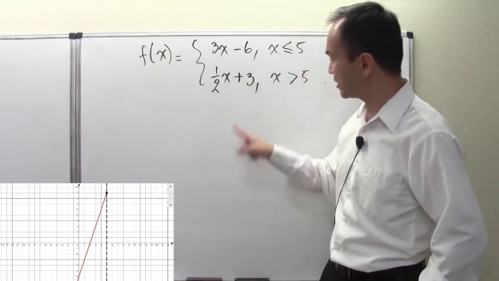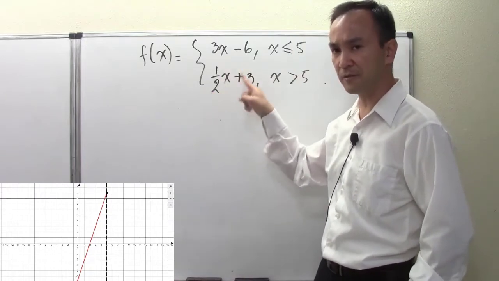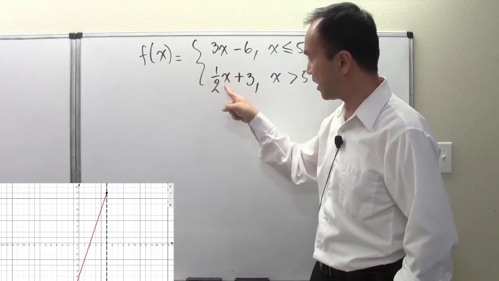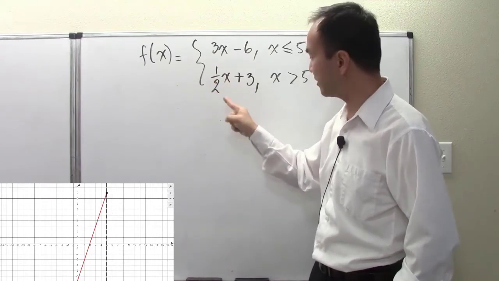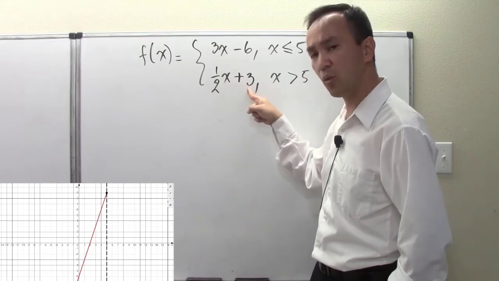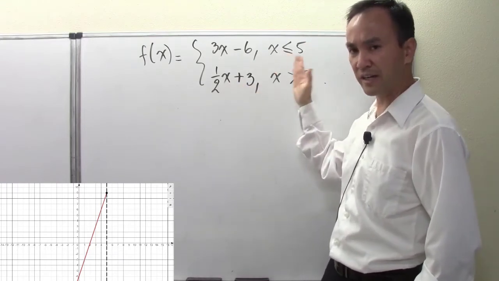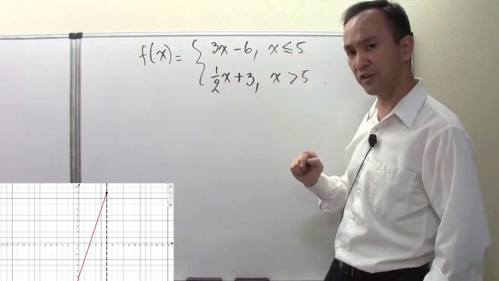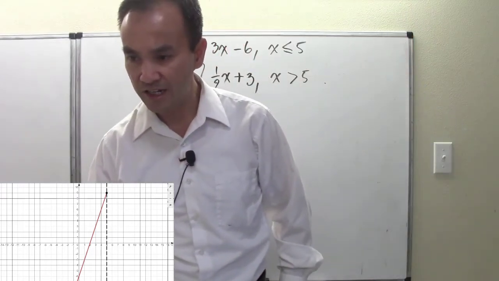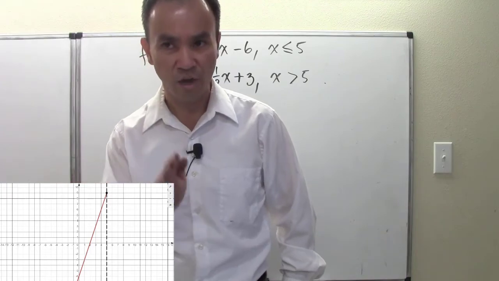All right, here we have learned from a prerequisite course that 1/2 x plus 3 is a linear function. This is the slope, and then there's the x, plus the y-intercept. I'm not right now worrying about the condition x is greater than 5. So let me throw in that line, that graph, 1/2 x plus 3.